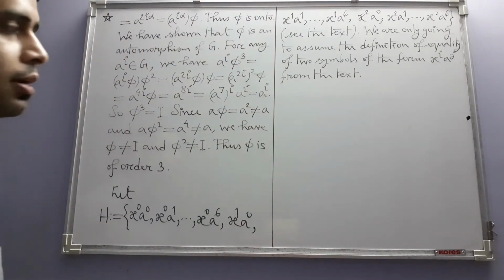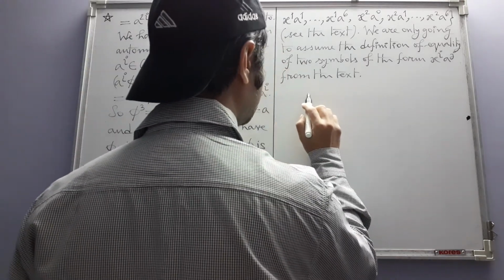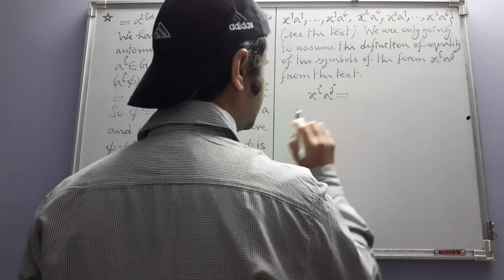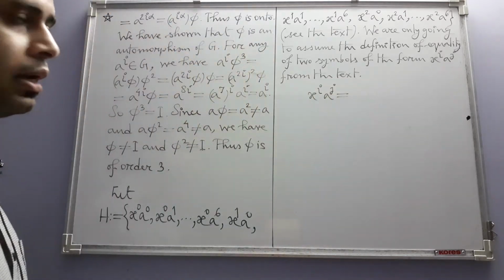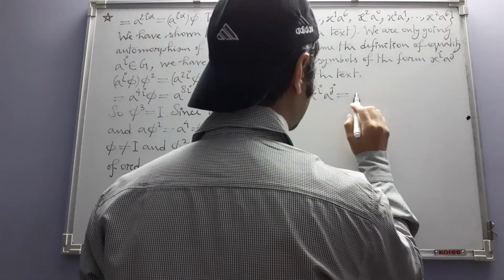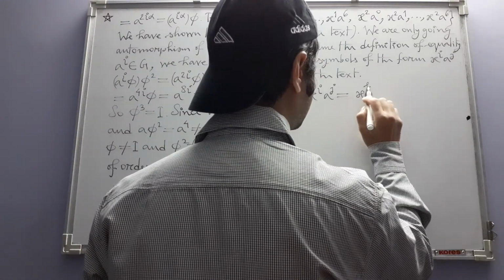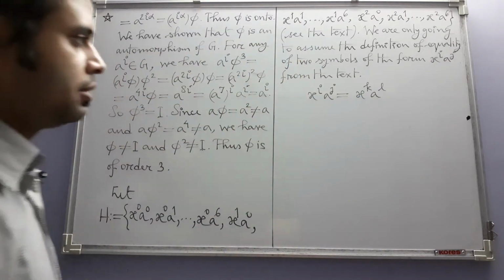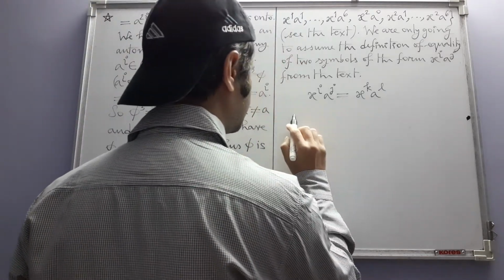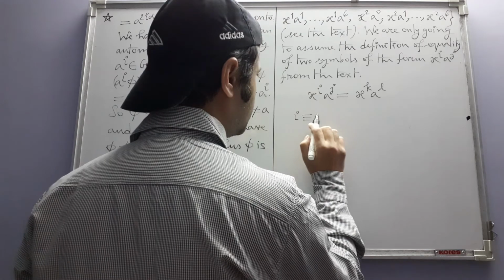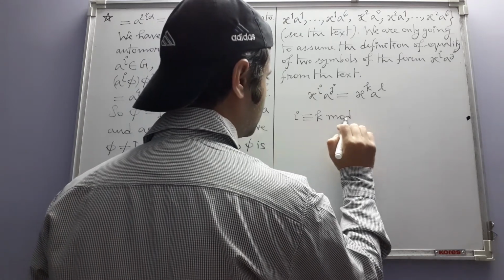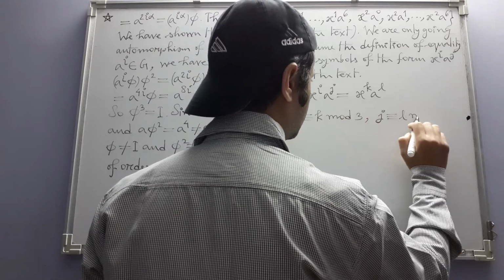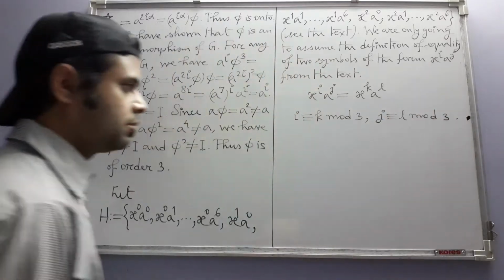And let us also recall what that definition is. For integers i, j, k and l, we define two such symbols to be equal when i is congruent to k mod 3 and j is congruent to l mod 3.